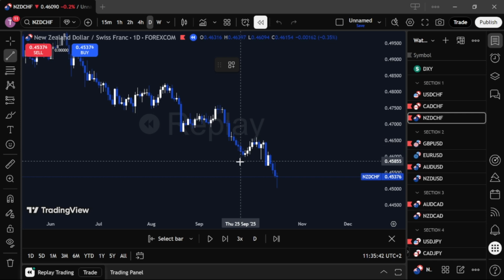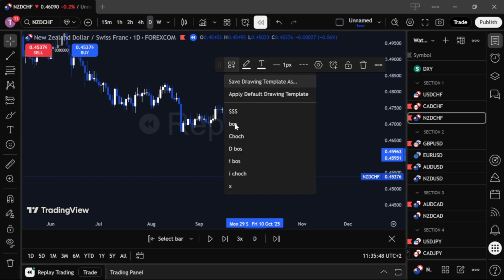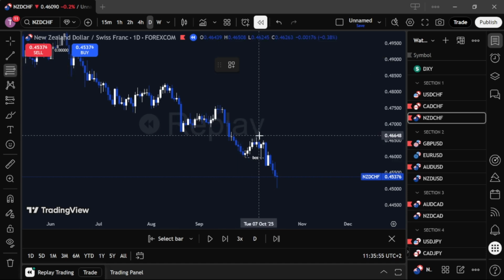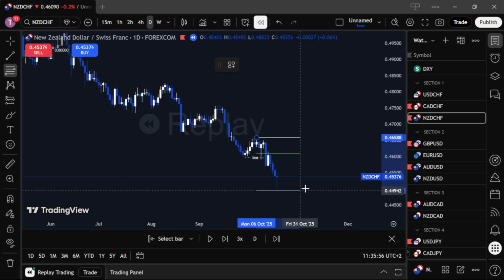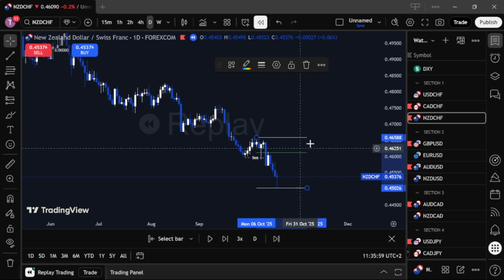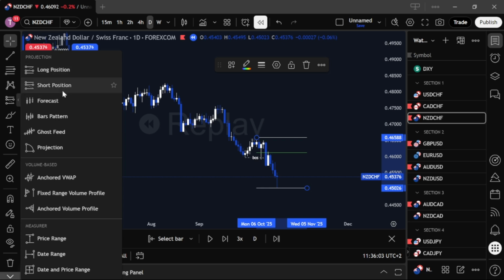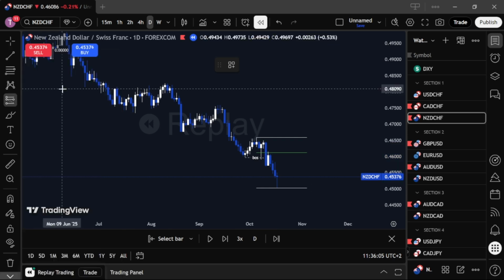Another trade that I took was on NZD CHF, and it was a sell trade. My break of structure was right here, and when I used the fibs, my supply zone was just about here. So my limit order was looking like this.